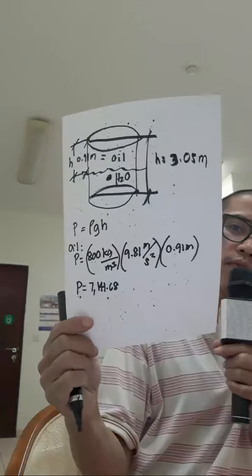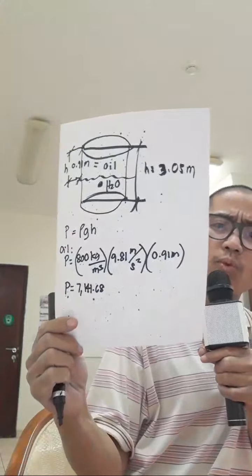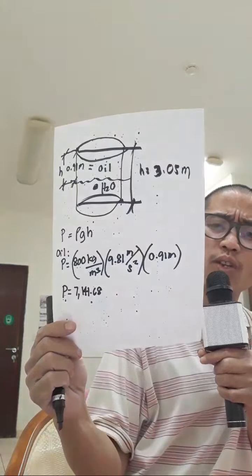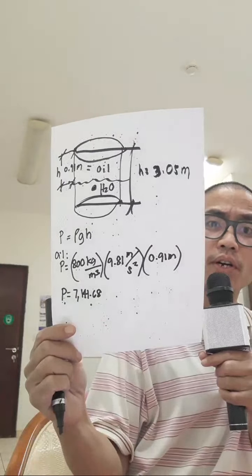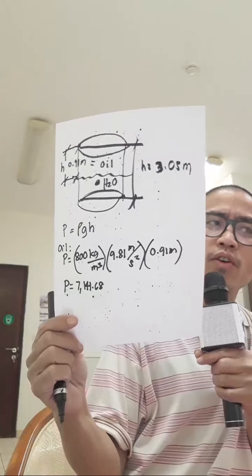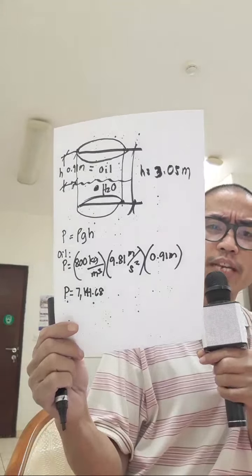This pressure is 7,141.68. But we still don't know yet what the unit is. It could either be Pascal, which is equal to Newton per square meter. It could be PSI, pound per square inch.